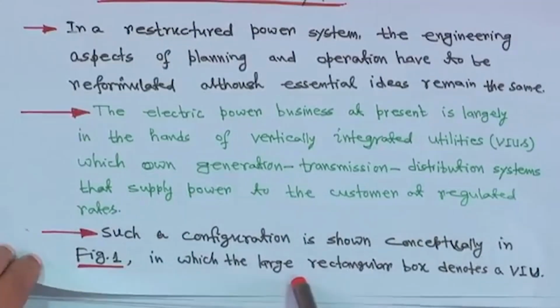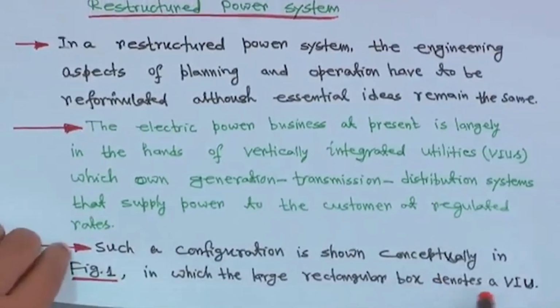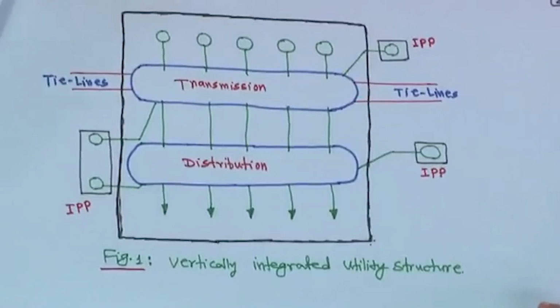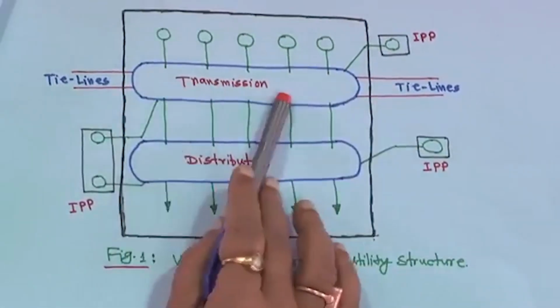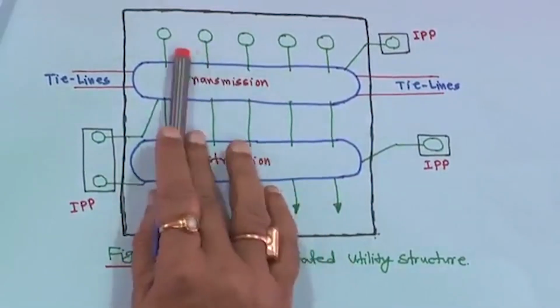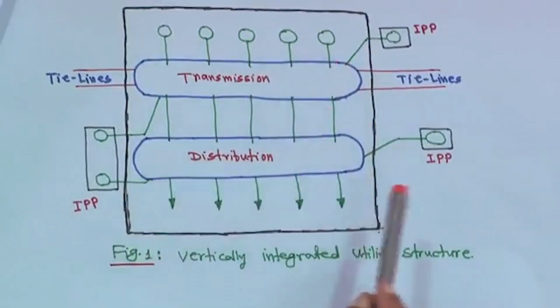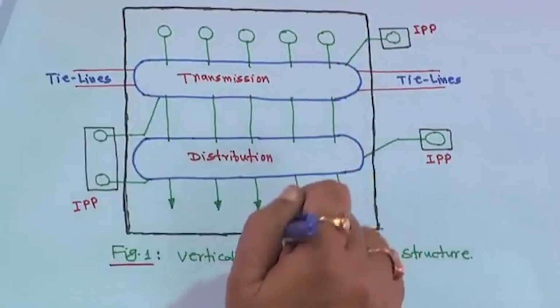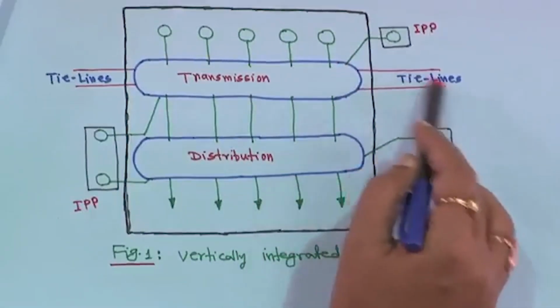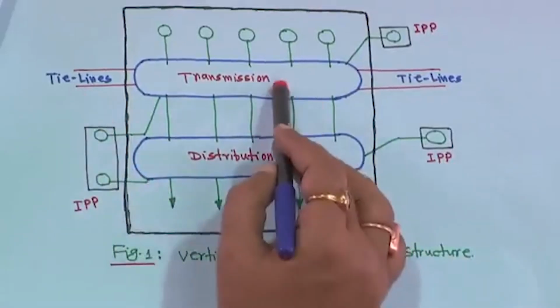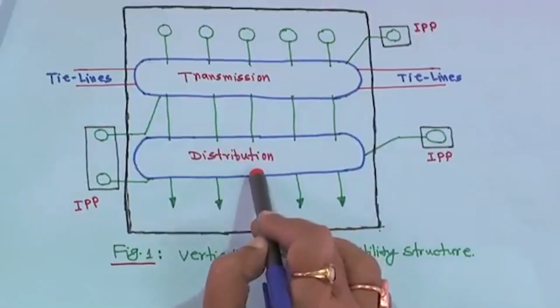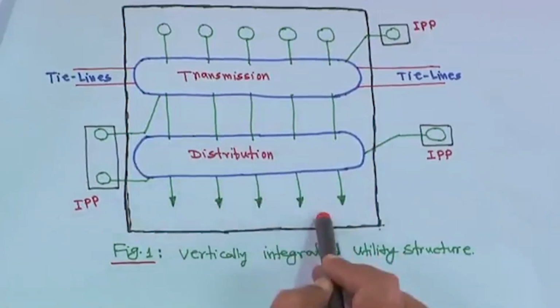I will show you, in which the large rectangular box denotes a vertically integrated utility. This is a big box I have drawn. This is the transmission side. These are all generation. This particular area, as I showed you, is connected to some other areas by tie lines. Transmission power comes directly to the distribution, and then power is distributed.